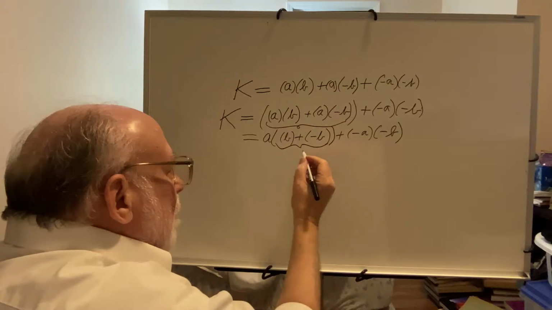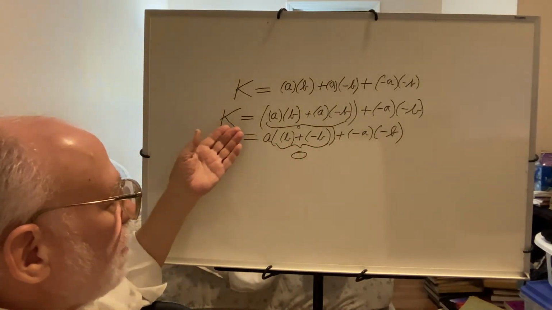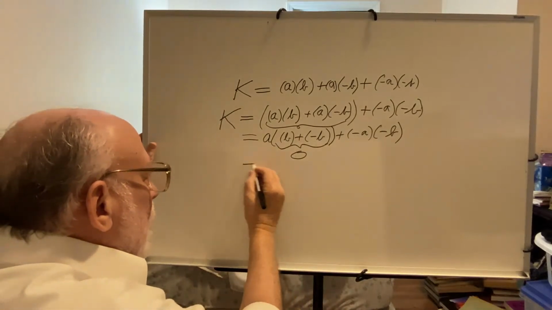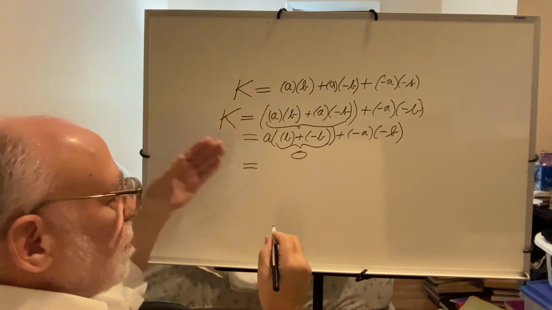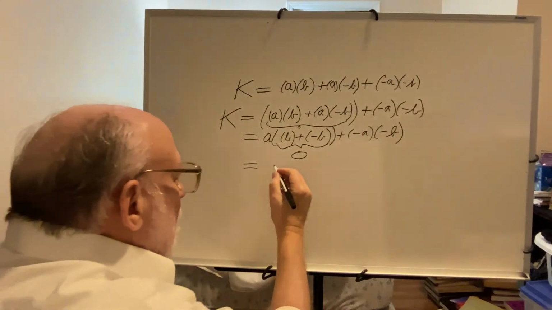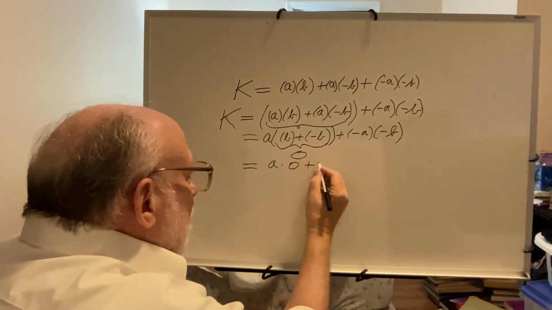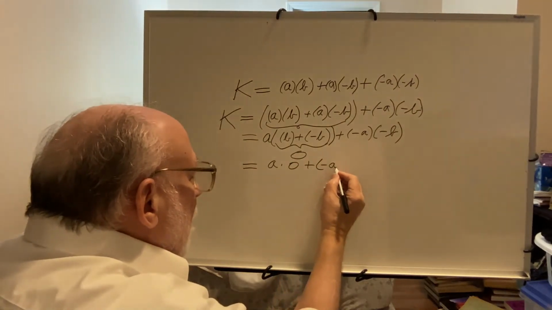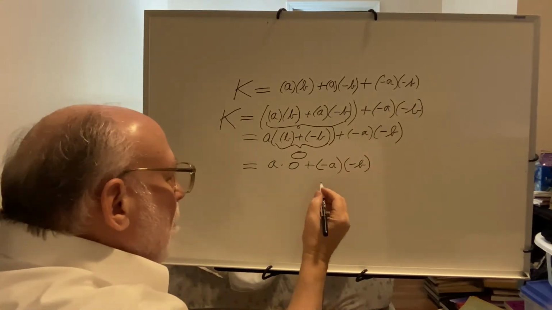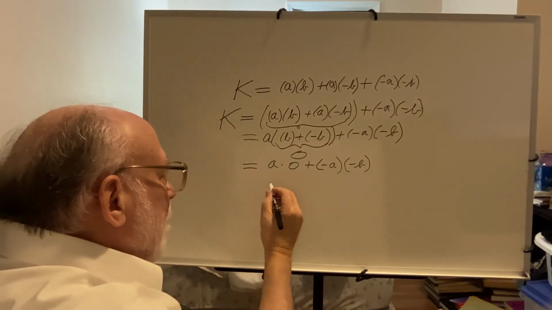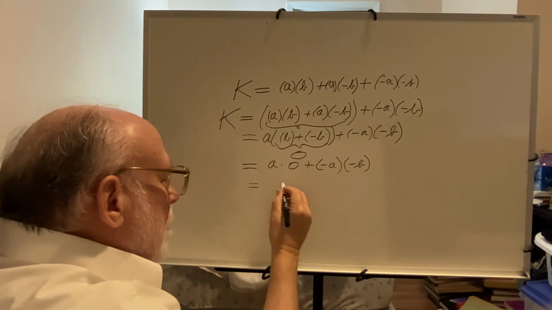But this over here is the B and negative B add up to 0. That's another property of additive inverse. So here we have A times 0 plus negative A times negative B. A times 0 is 0 times A. That's the property of 0.